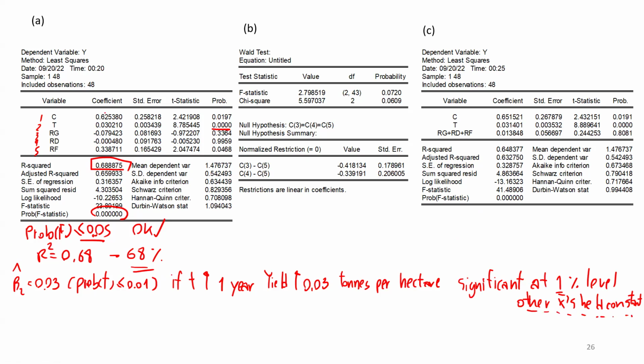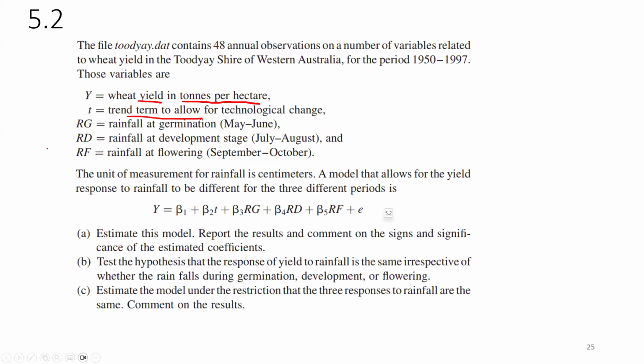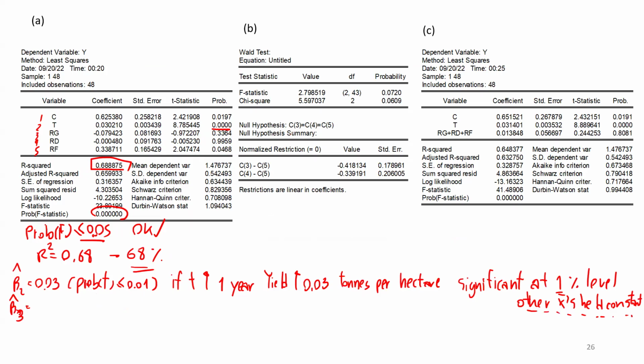Then other, beta 3. So this is about the rain. So rain G, May to June, rain D, July to August, and then September to October. Okay, so this is all about the rain. So beta 3 is minus something with probability, yes, it's more than 0.1. So bad, right?